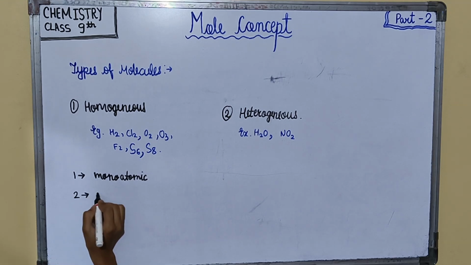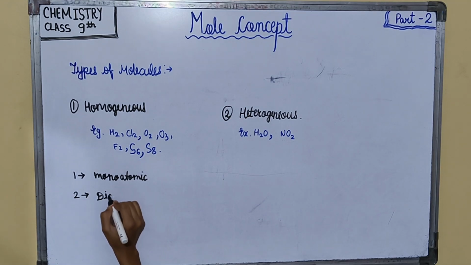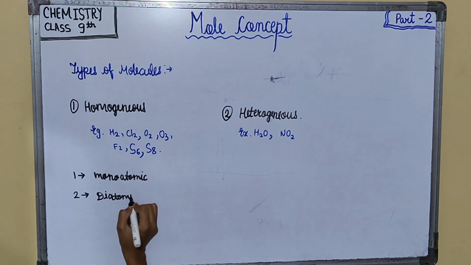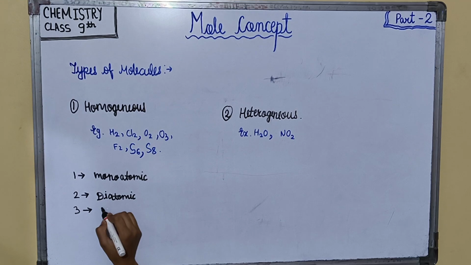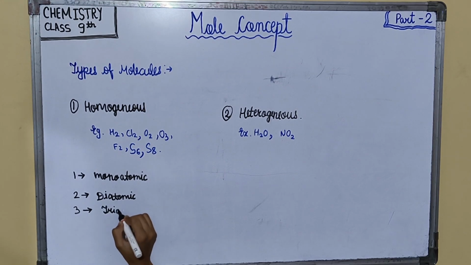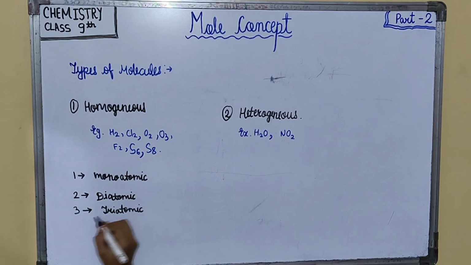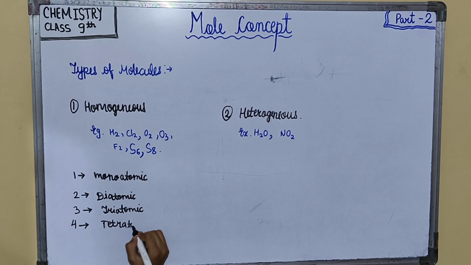If it is 2, it will be termed as diatomic. If it is 3, it will be termed as triatomic. If it is 4, it will be termed as tetraatomic. If it is more than 4, it will be termed as polyatomic.